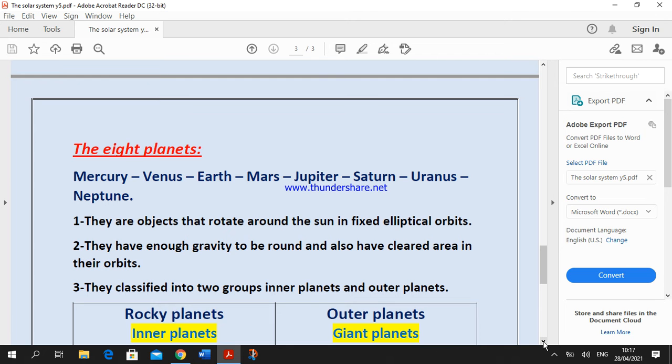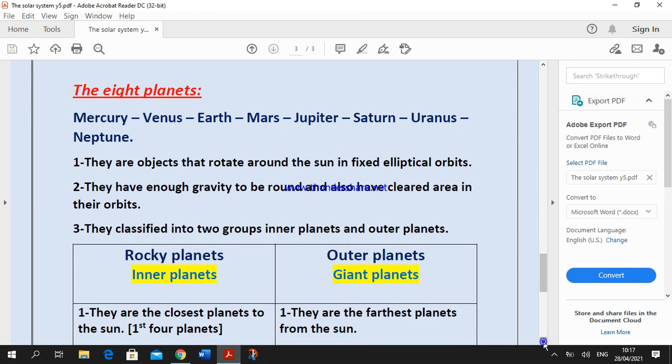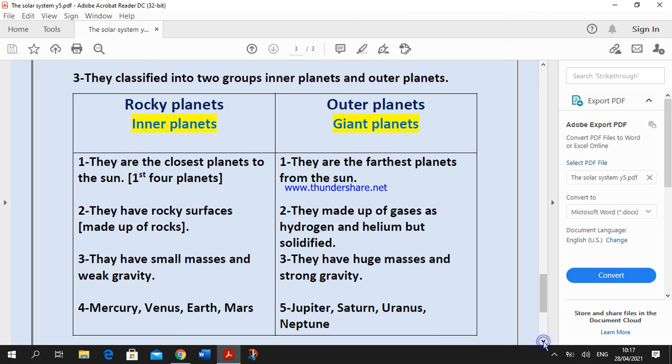We classify the 8 planets into 2 types, inner planets and outer planets. The inner planets are known as rocky planets, while outer planets are known as giant planets.